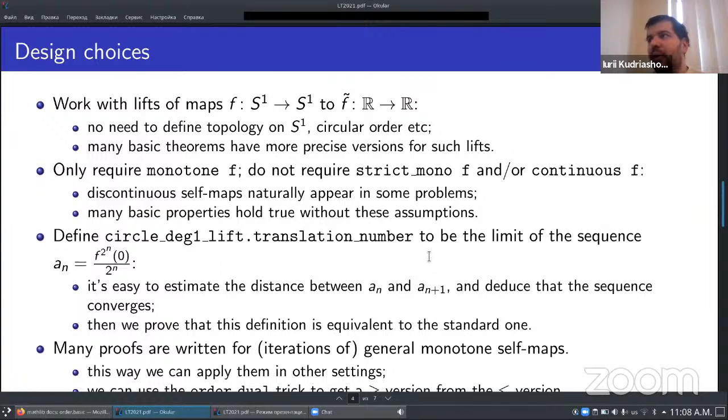One more trick is to prove various basic estimates or inequalities for any monotone map, instead of a monotone map from the real line to itself.